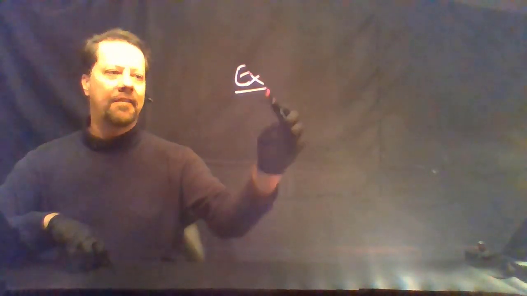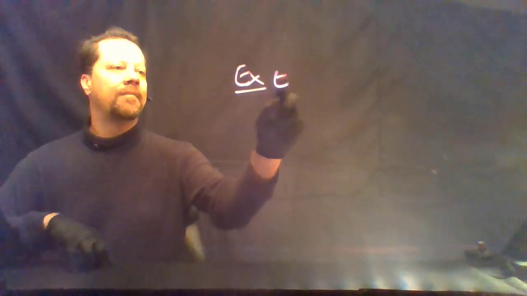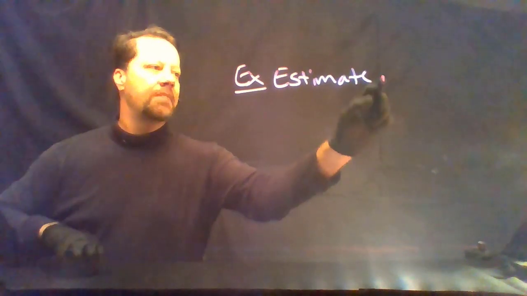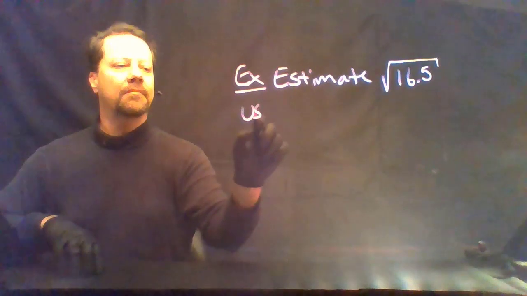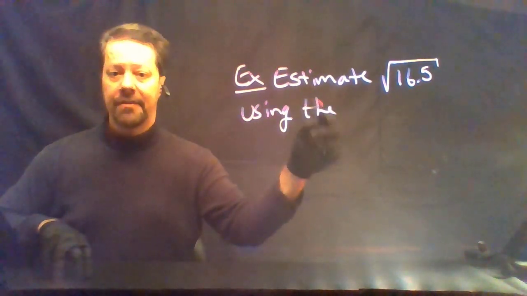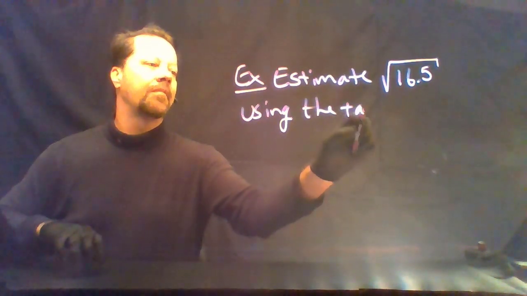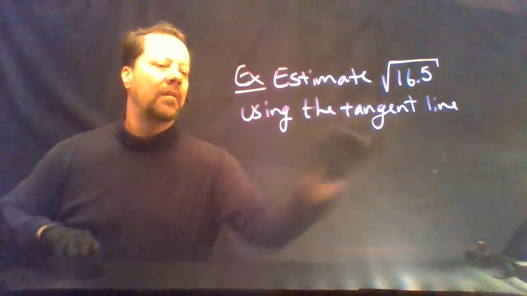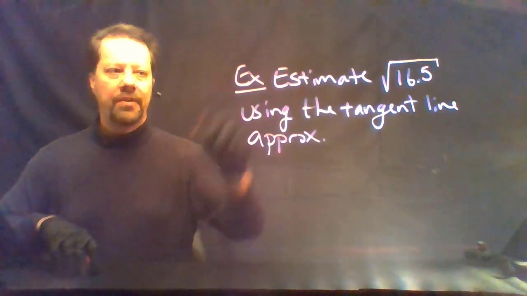Another use of the tangent line approximation is as follows. Estimate the square root of 16.5 using either the tangent line approximation or differentials. You can do it either way.